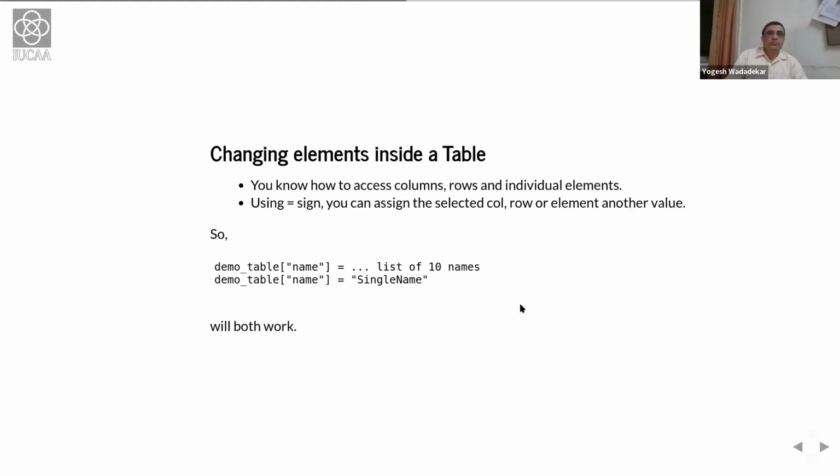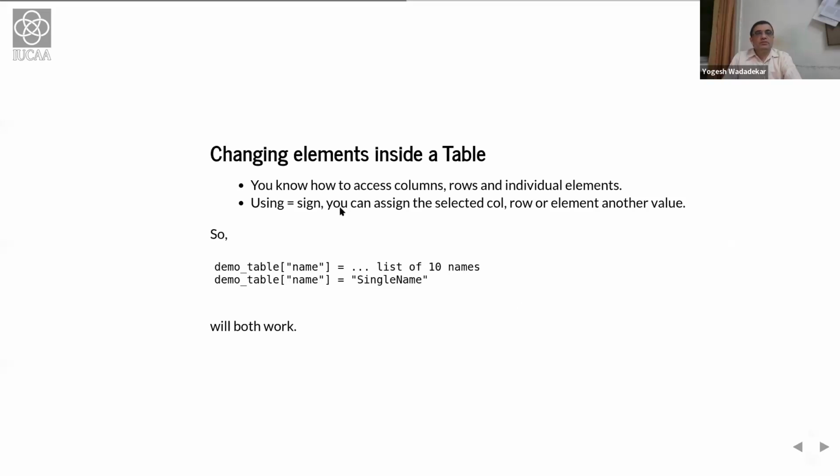Now you need to change elements inside a table. You now know how to access columns, rows, and individual elements. Just like NumPy arrays and so on, a table is a mutable object, and therefore the entries in a table can be changed directly.